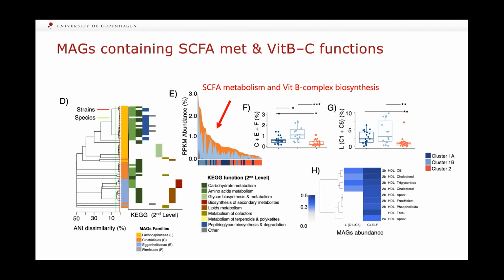Finally, we can also link the metabolism of short-chain fatty acids and vitamin B biosynthesis to some metagenomic assembled genomes, and wherever they match in terms of all these genomes that we managed to screen, they correspond to what we're expecting in terms of abundances of short-chain fatty acids and the biosynthesis of vitamin B. On top of that, we have a high correlation of close to 0.5 in only a few samples.